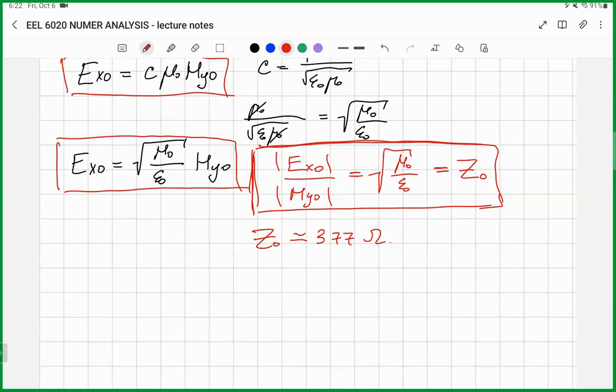In other systems of units, for example the CGS system, the electric field and magnetic field have equal amplitudes. In our system of units, they are connected through the wave impedance of free space. So for example, when we calculate or numerically simulate the interaction of a plane wave with some objects, we will see that the electric field is 377 times stronger than the magnetic field.